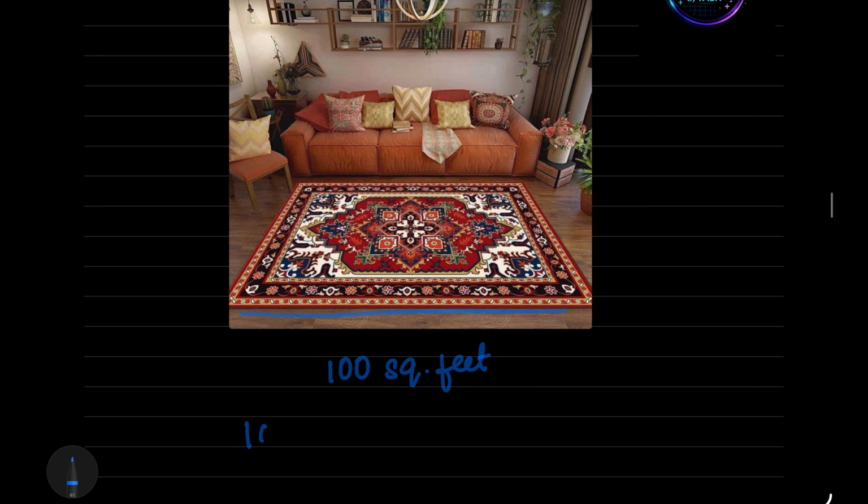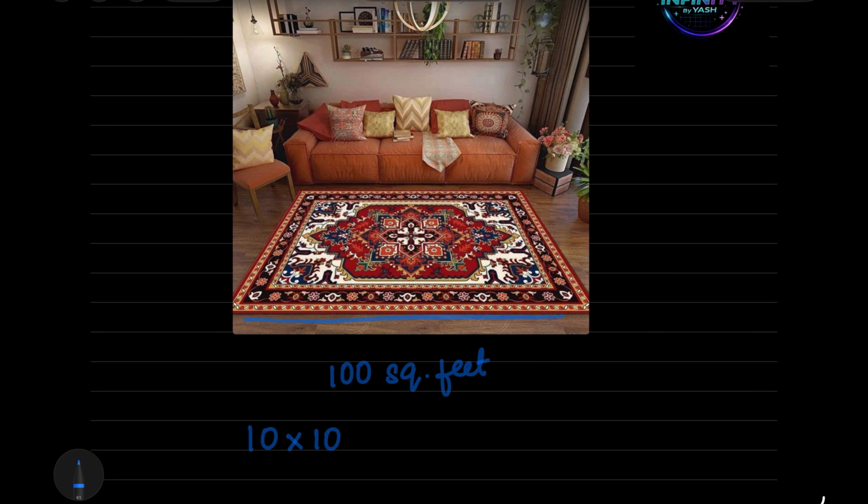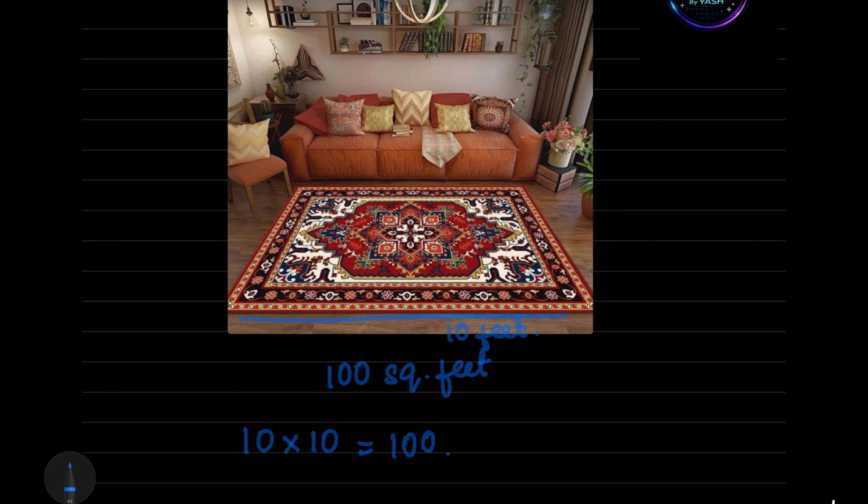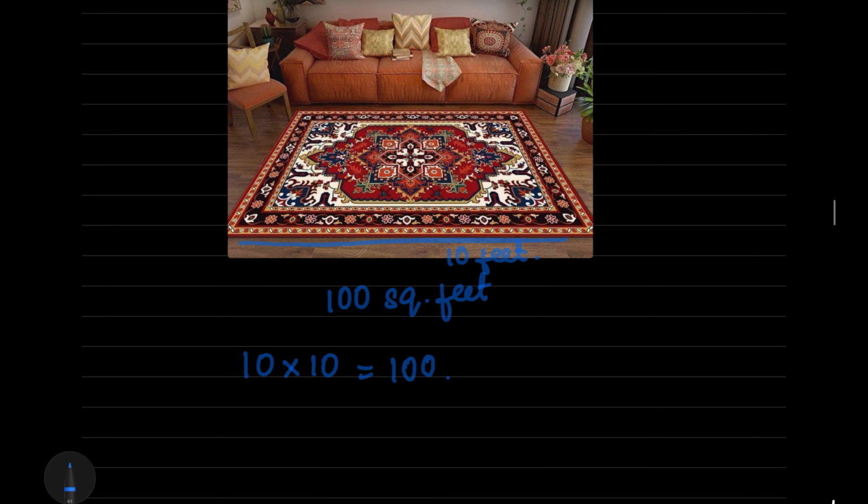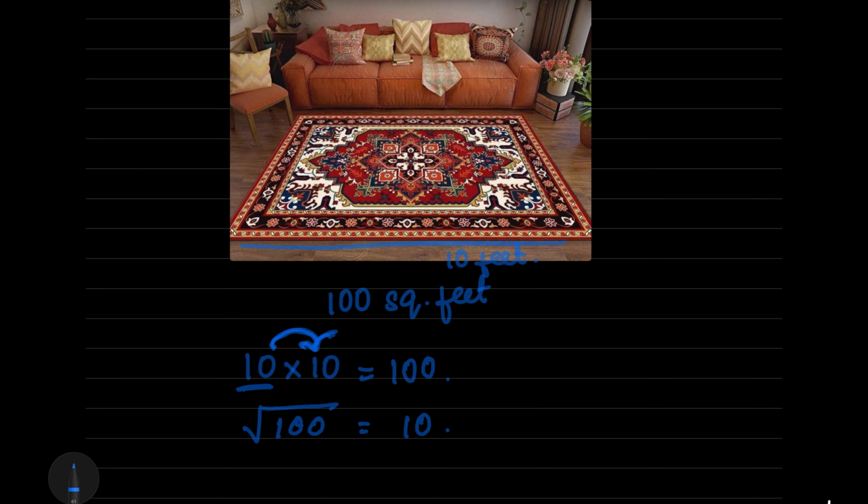Exactly. It is 10. If you multiply 10 with 10, you will get 100. So, each side is equal to 10 feet. That's the power of square root. Here, we can say that the square root of 100 is 10 because on multiplying 10 with itself, we get 100.